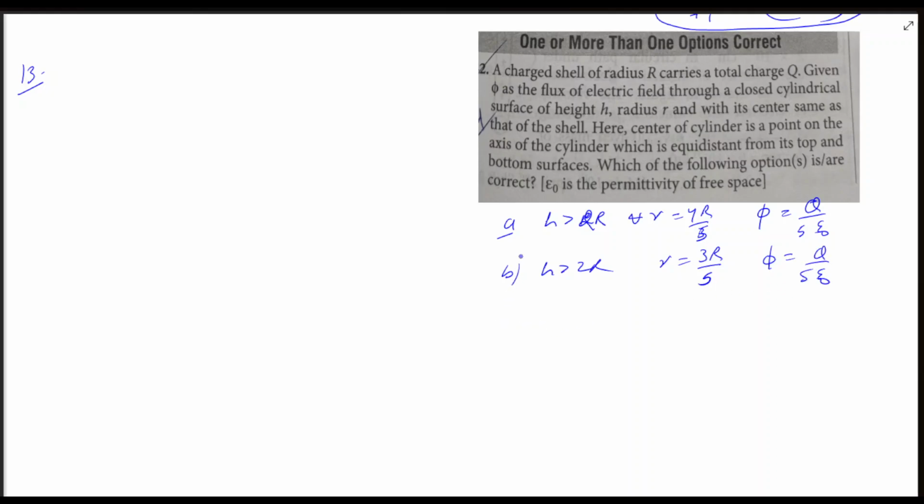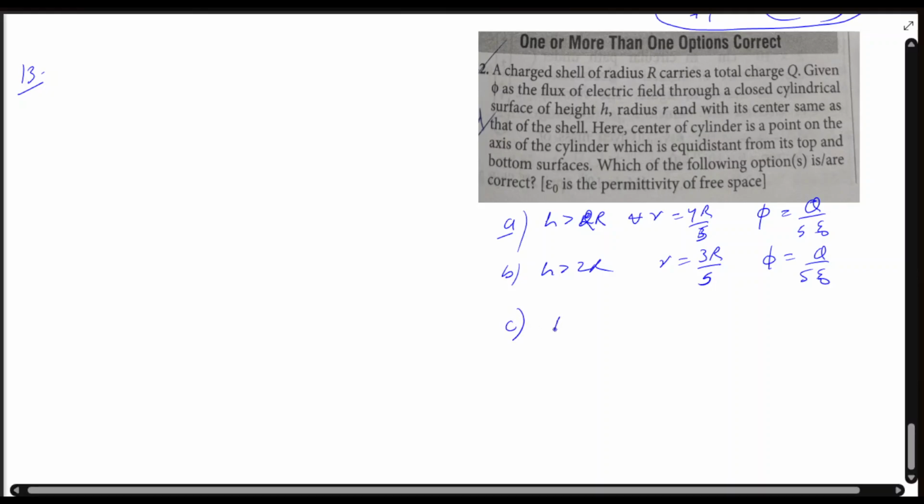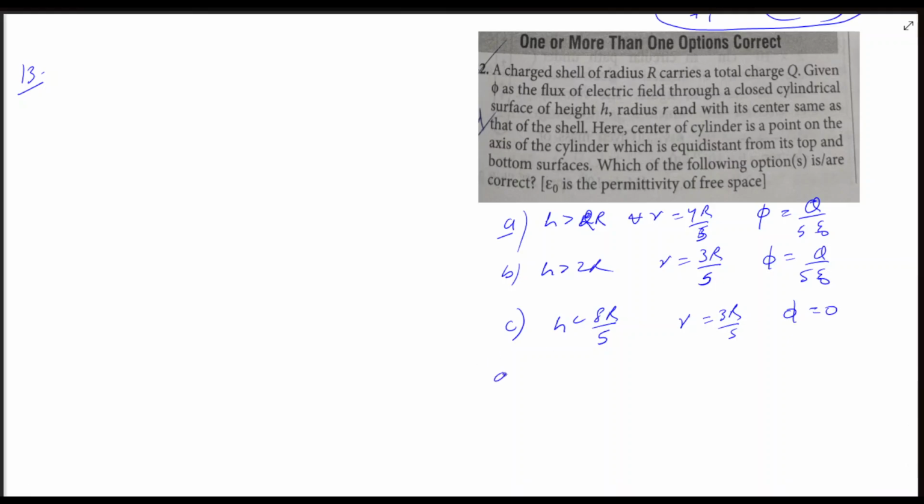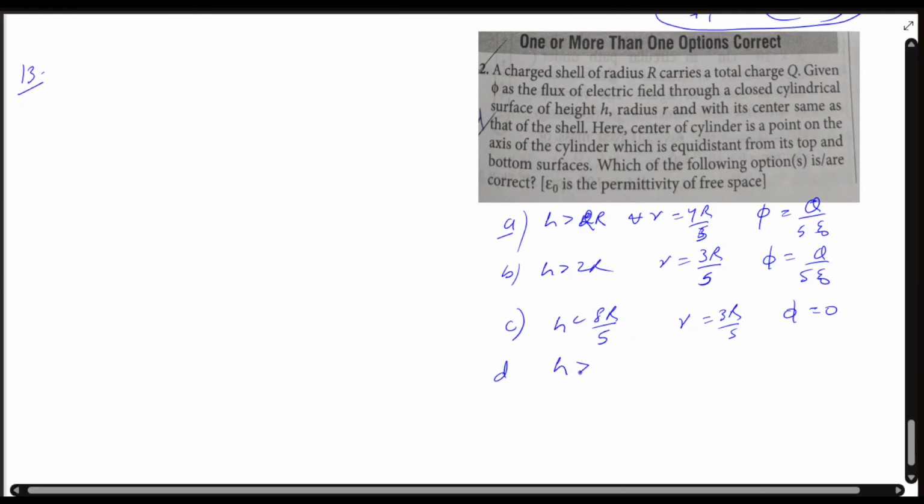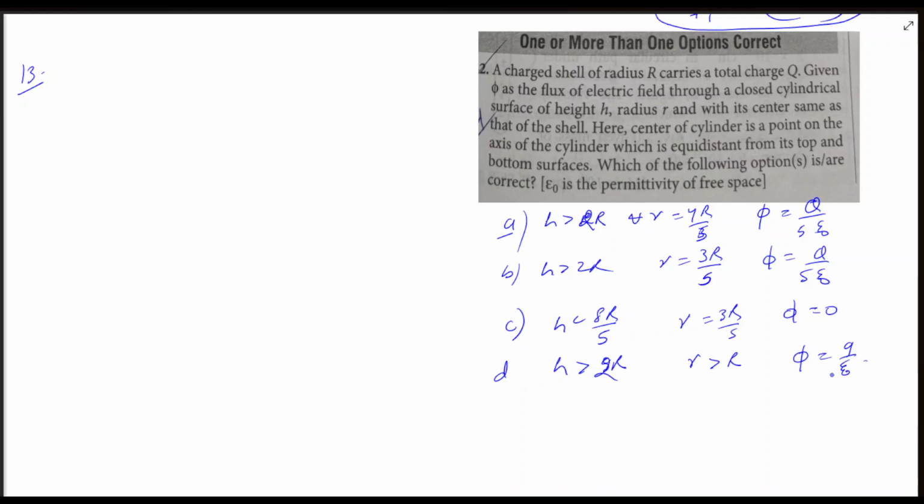Option C: H is less than 8R by 5 and r is 3R by 5, flux is 0. Option D: H greater than 2R and r greater than R, so flux will be Q upon epsilon naught. Capital Q you can take.